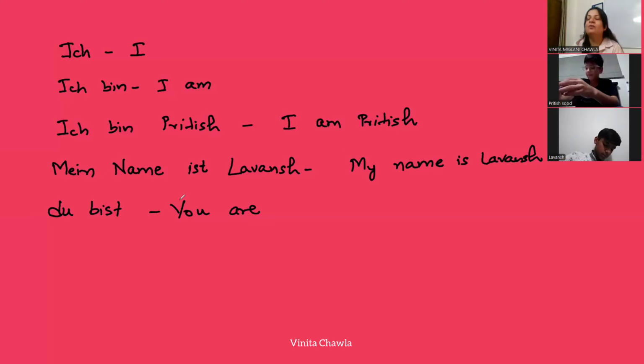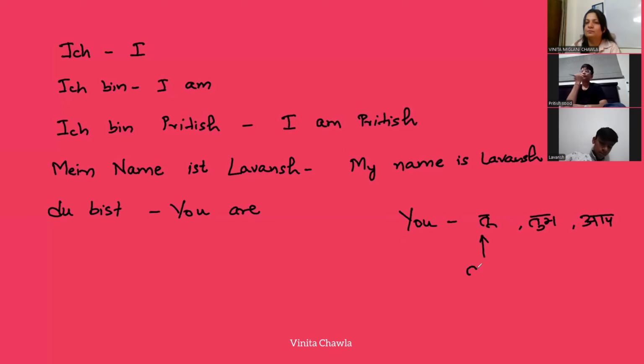In English, for tu, tum and aap we use you. Whether it is tu or tum or aap, we write you. But in German we have different words for them. For tu it is du.